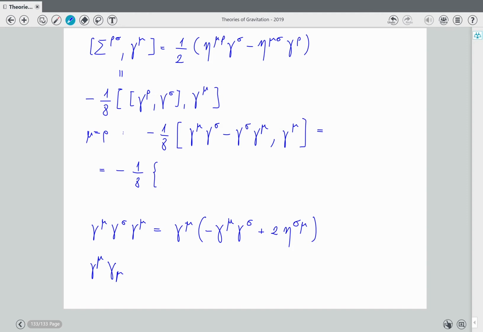We are also raising and lowering some index. So is mu mu. This is mu and this is a delta then.